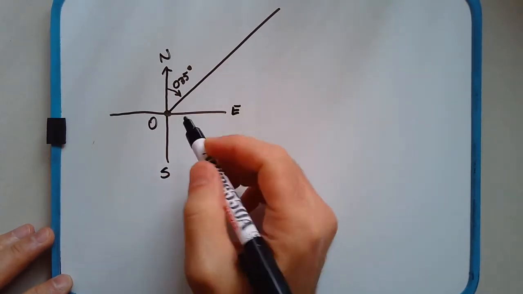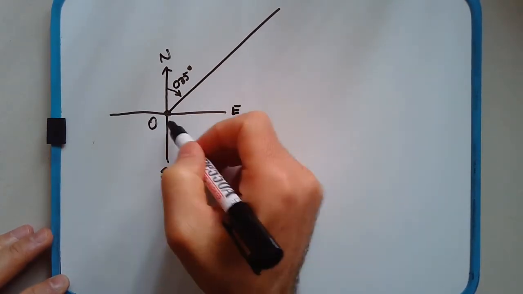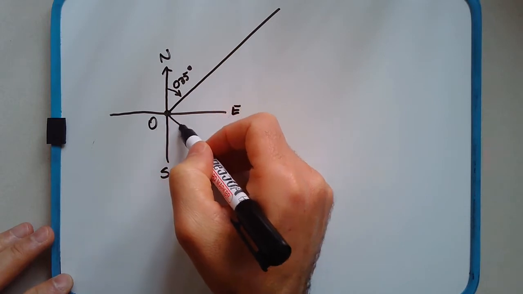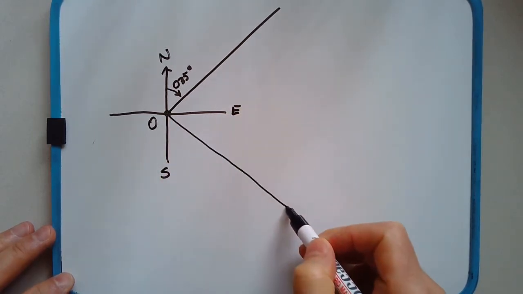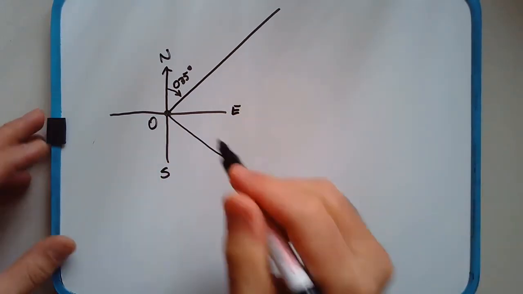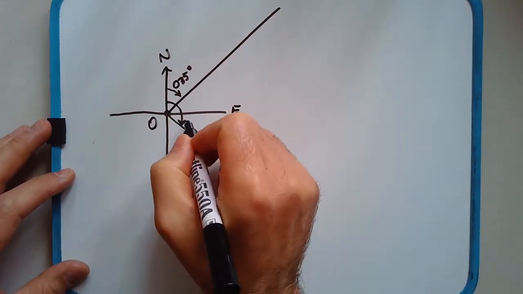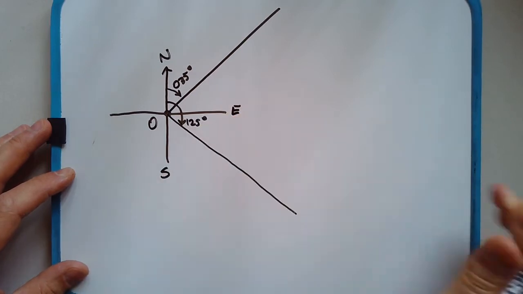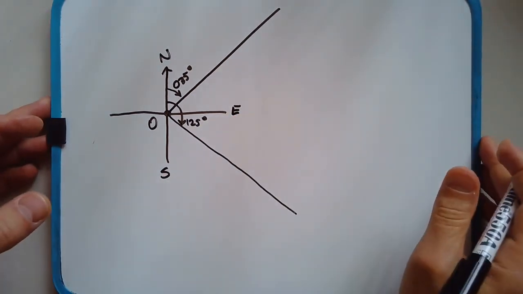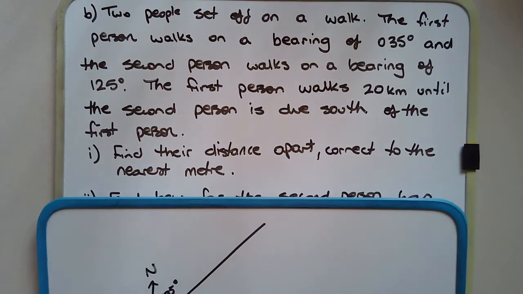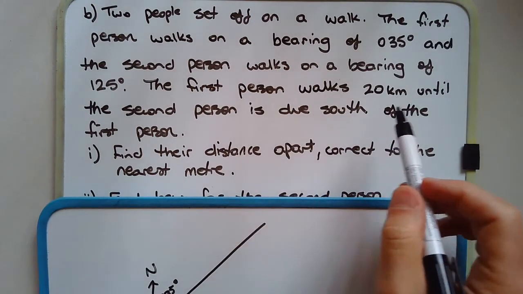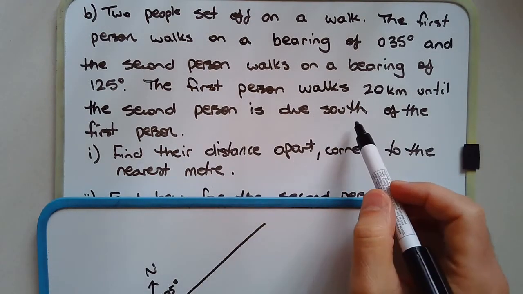East is 90, so something like that. And that's 125 degrees.